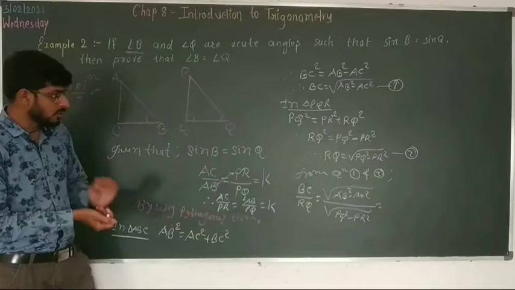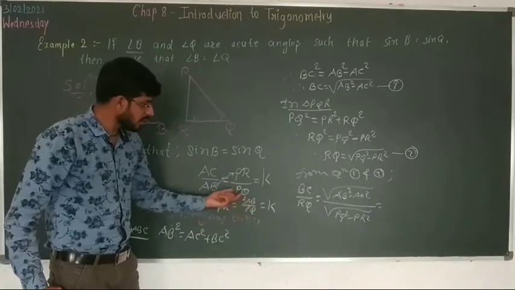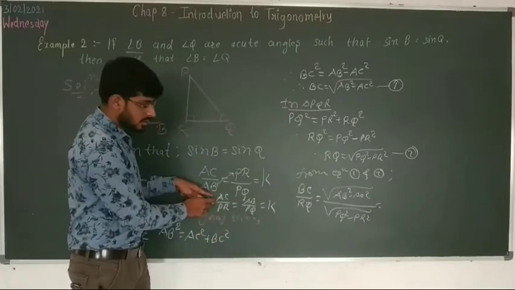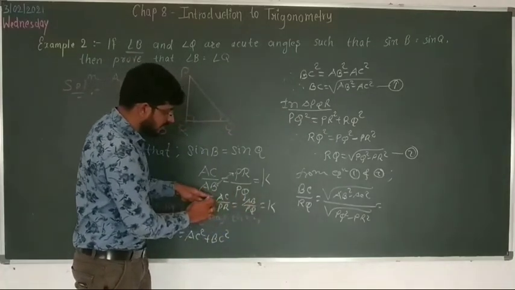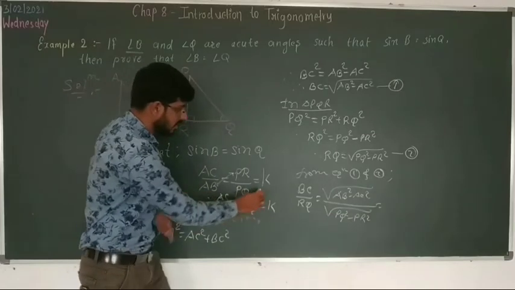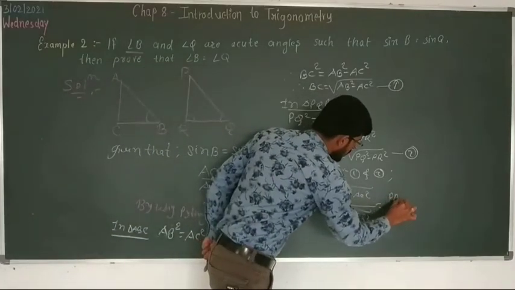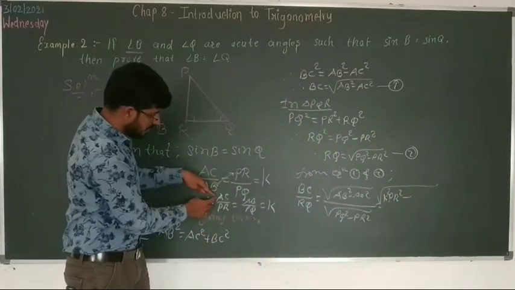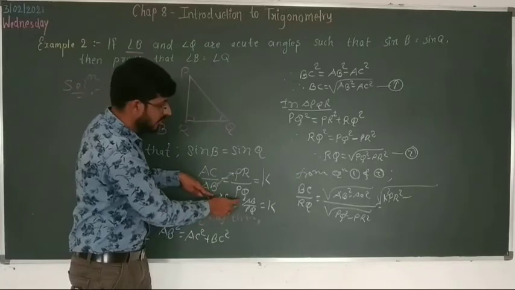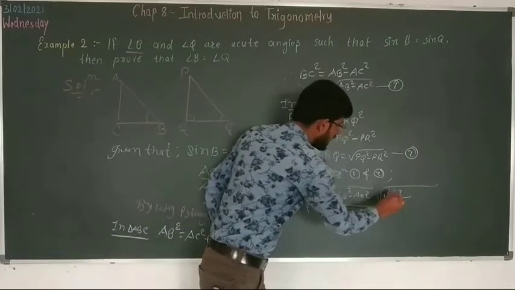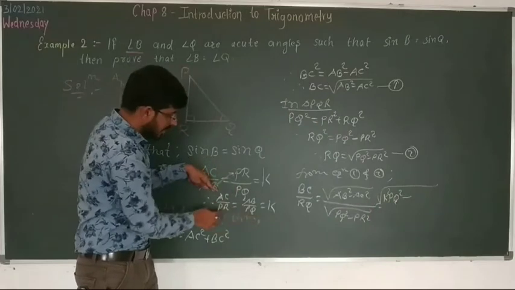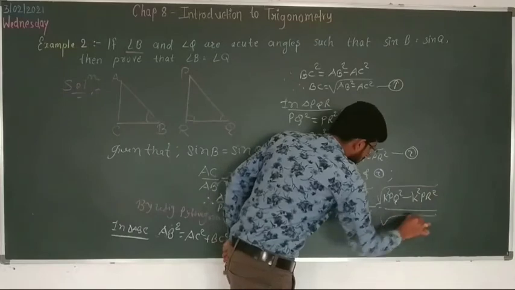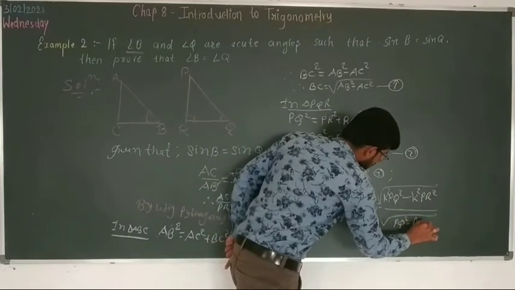Now put the value of AB and AC. What is the value of AC? It gives PR K. So PR square K square, minus, the value of AB is PQ K, so K square PQ square, and AC is K square PR square, all divided by under root PQ square minus PR square.